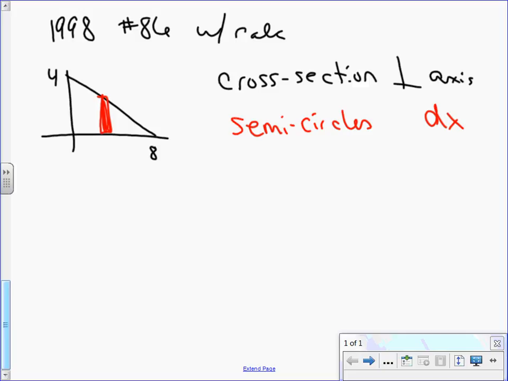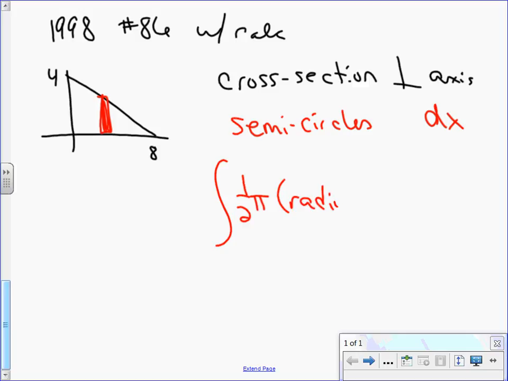So before you worry about drawing anything, you need to write down how to find the area of a semicircle. It gets turned into volume when you put the dx on it. It's like semicircle, dx. That turns it into volume, okay? So you're going to add up an infinite number of semicircles. What's the formula for a semicircle? 1/2 pi radius squared.